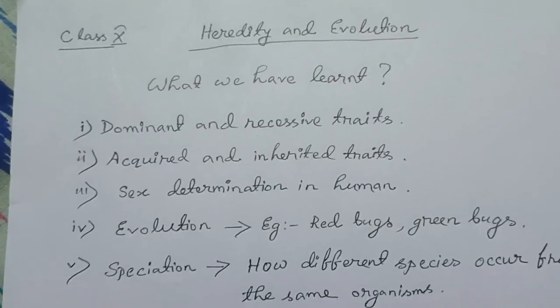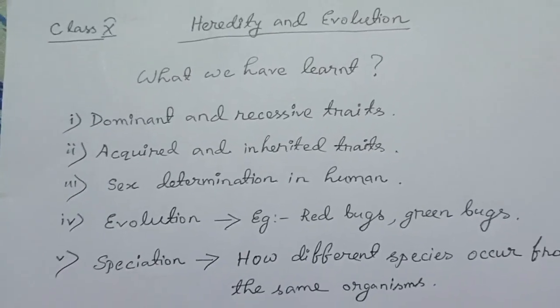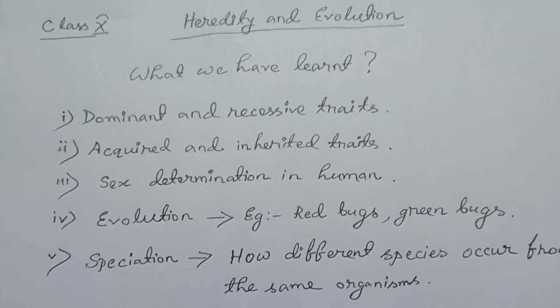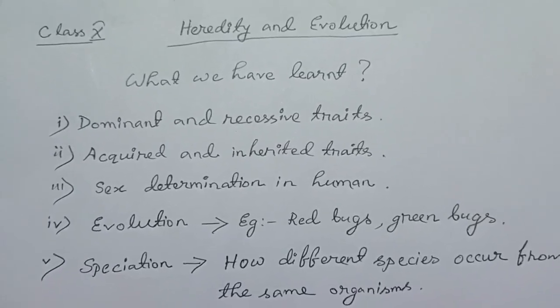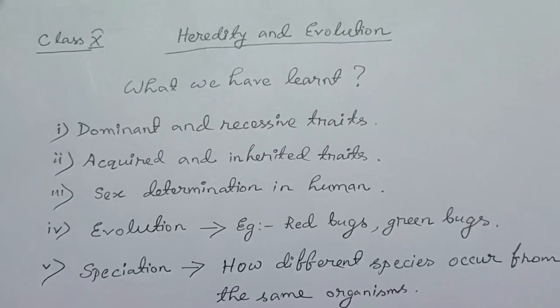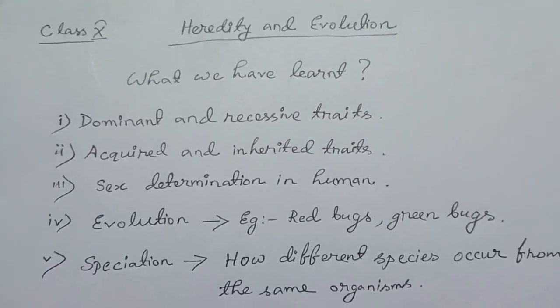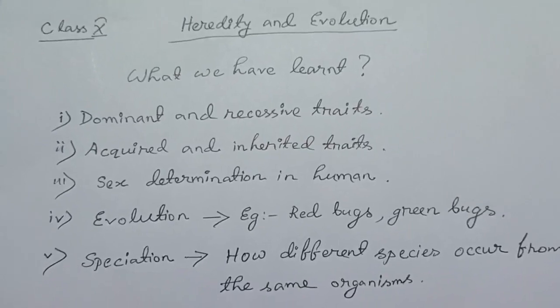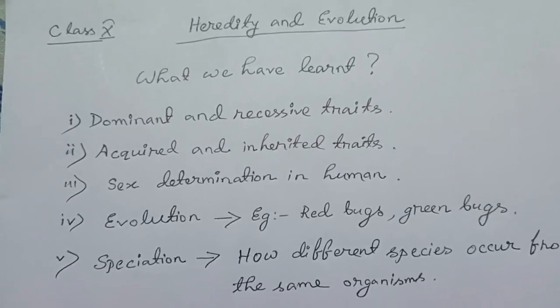So what we have learned in our offline classes is that there are dominant and recessive traits. In the case of a tall plant and a short plant, if we do reproduction between them, then it is highly likely that the newly produced plant will be tall.